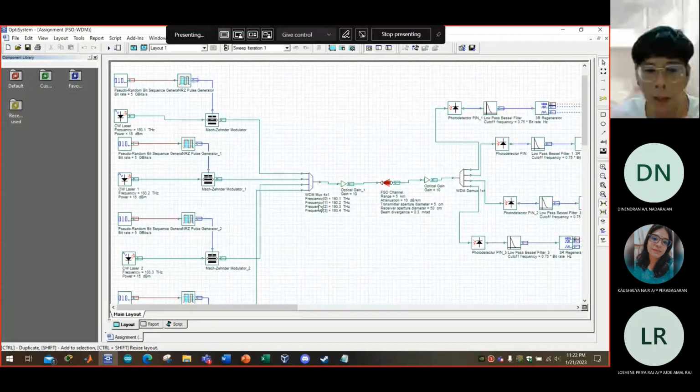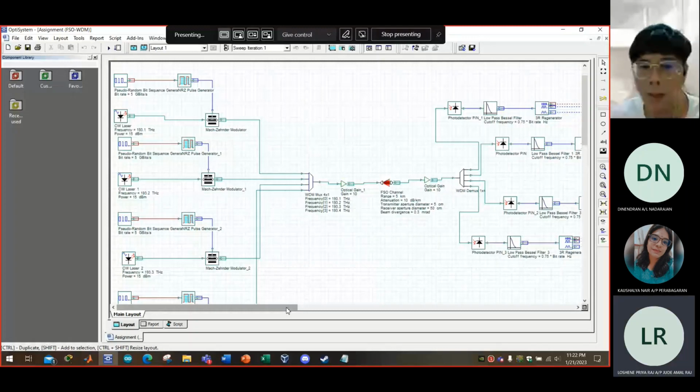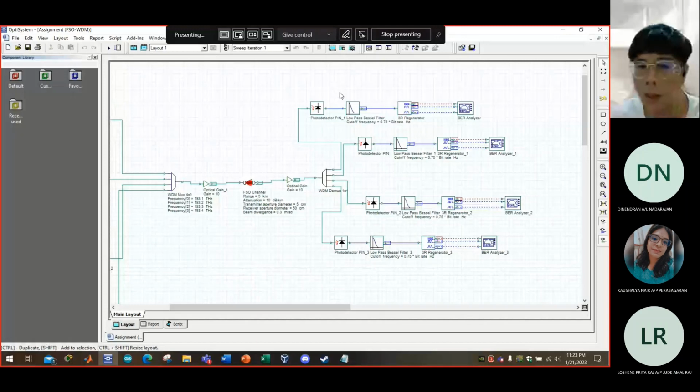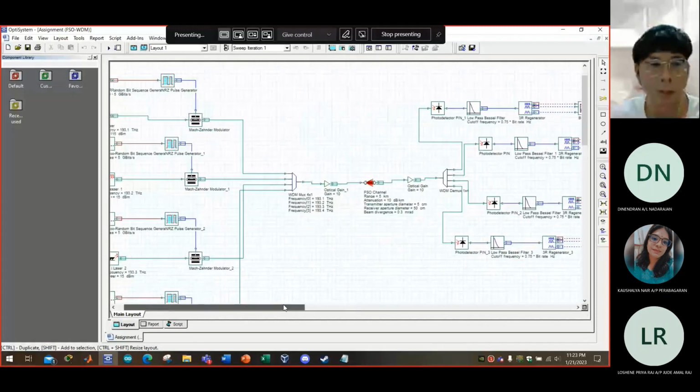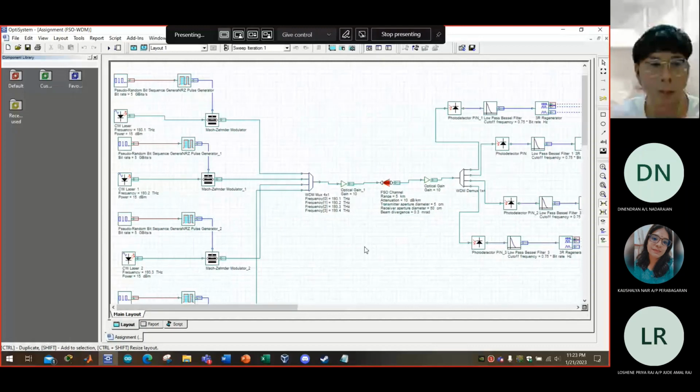Then we attach it to the WDM demux 1x4. For the receiver side, we have the photodetector PIN, low pass Bessel filter, and the 3R generator. For the first presenter of this circuit, I'll leave it to Dinan.